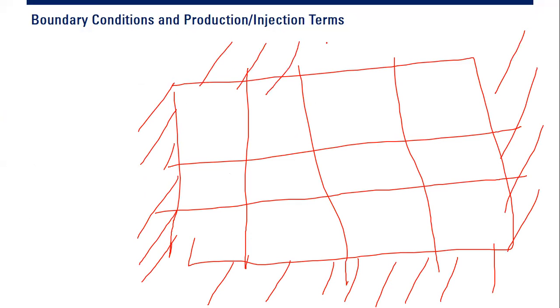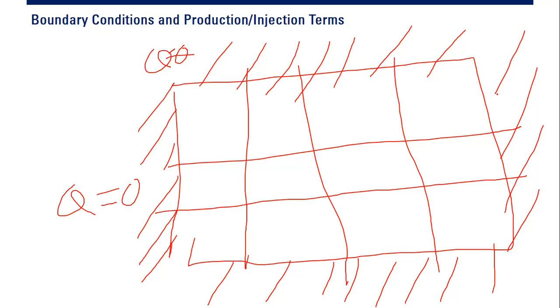For example, sealing fault, patahan, or maybe pinch out, or maybe facies or permeability barrier. So usually this is a no flow boundary. So Q equals to 0.